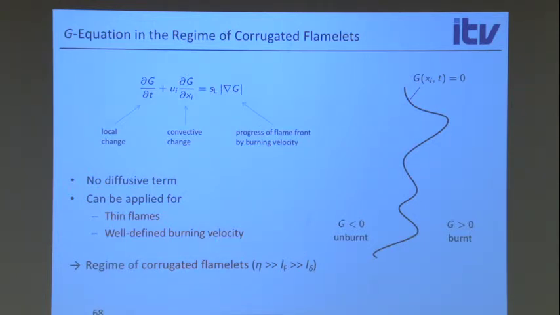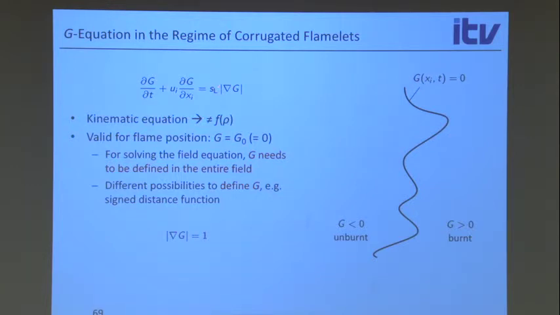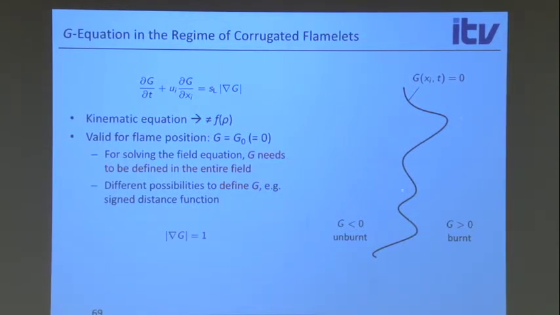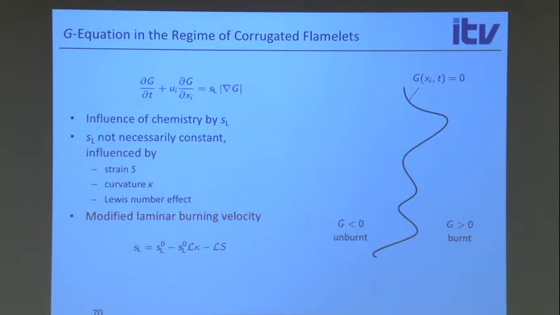So in this regime then, we said this equation just describes the evolution of this front. Then in the unburned and in the burnt, we need to somehow define the function differently. That's done here by defining this as a distance function. So the gradient is 1 everywhere, meaning every point just describes the distance from this front. Then for the burning velocity here, we can use the burning velocity modified by stretch, meaning by curvature and by strain.